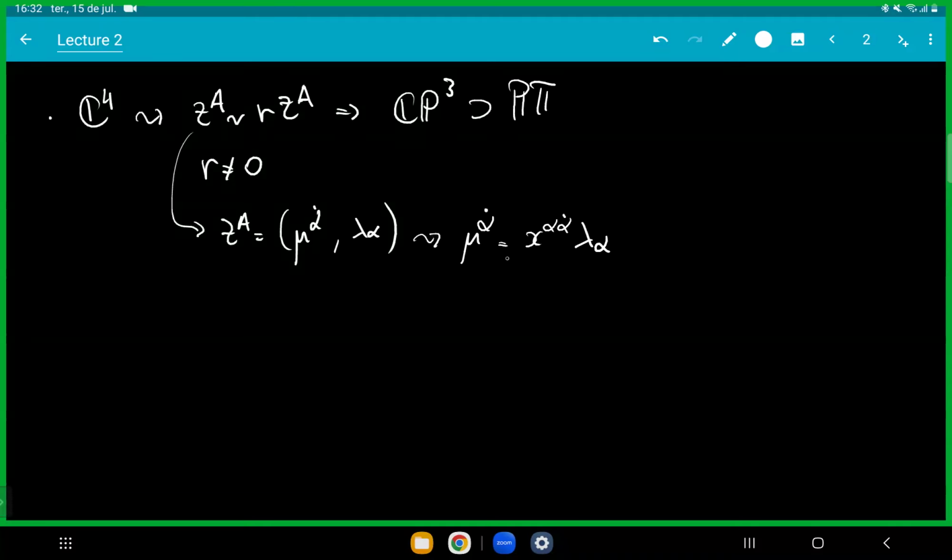When I do this together with this scaling of the coordinates, what I get is a CP1, which I denote x, which of course is a subset of this thing. So all the lines inside this twistor space are basically Riemann spheres. They are CP1s inside.